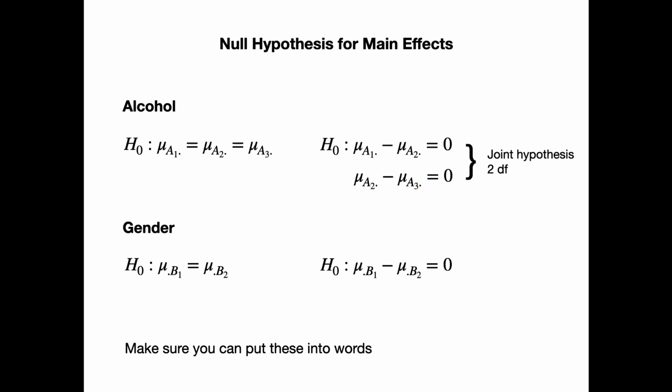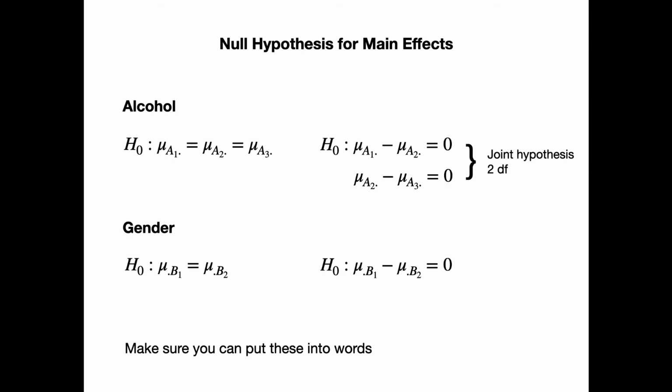The null hypothesis being that there's 0. Now, I've written it as 1 and 2 and 2 and 3, but we could also write it as 1 and 2 and 1 and 3. Either one is fine. You really just have to describe 2 of the differences in this joint null hypothesis. So I just do it this way, and that'll be good.